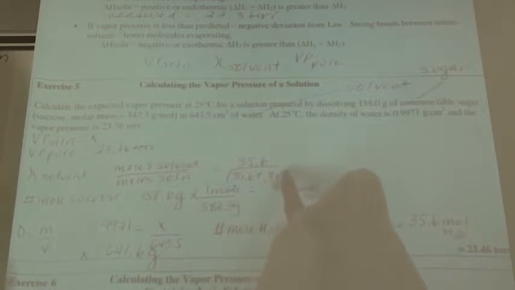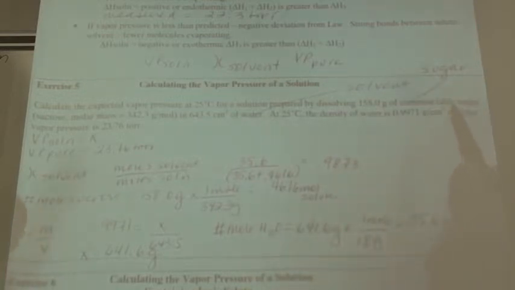So my mole fraction is going to be 35.6 over the sum of 35.6 plus 0.4616. My mole fraction is 0.9873. I'm finally ready to solve this problem.